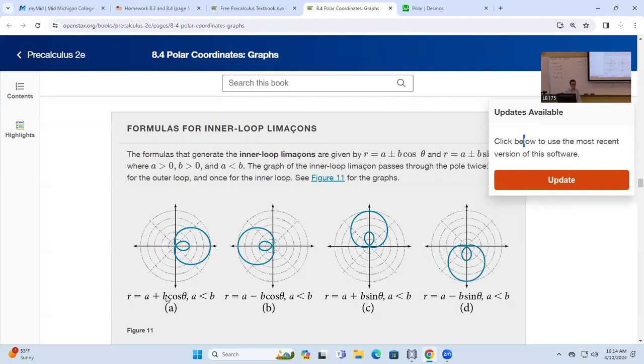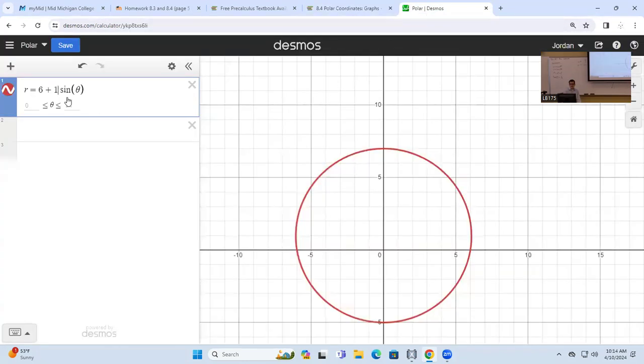But if the coefficient in absolute value in front of the cosine or the sine is bigger than the constant, then we get an inner loop. Okay. And that's what I was trying to show you here.